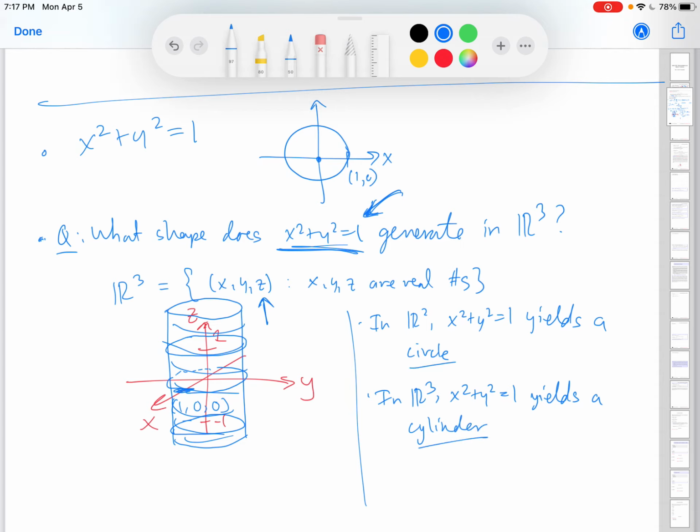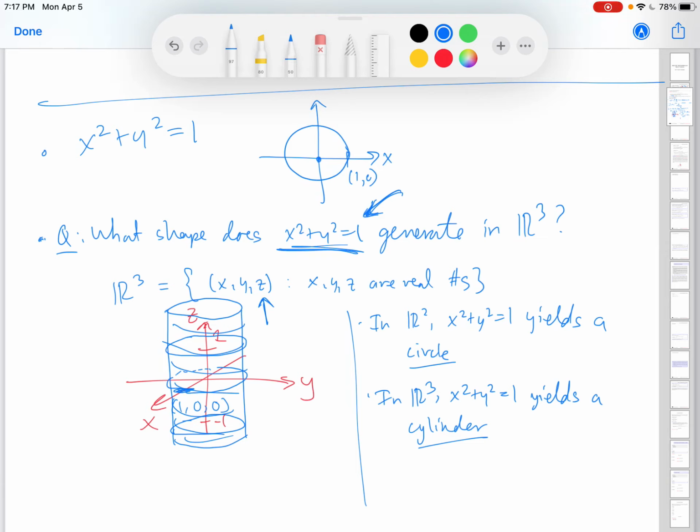Okay, so this is one of the cool, wacky things about moving from R2 to R3. This is why I wanted to start with the equation of the sphere as a generalization of the equation of a circle, because that move is a little more familiar and not as seemingly wacky or strange as what's happening here.